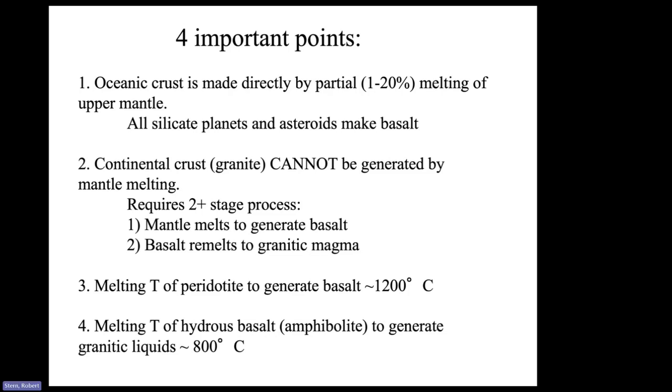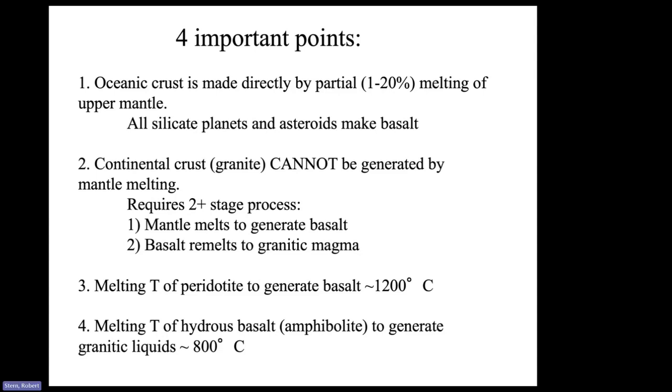And all silicate planets and asteroids make basalt. We know there's basalt from some asteroids, basalt volcanoes on Mars, and basalt on Venus. We have no problem making basalt by partial melting of the mantle of the Earth or another planet.